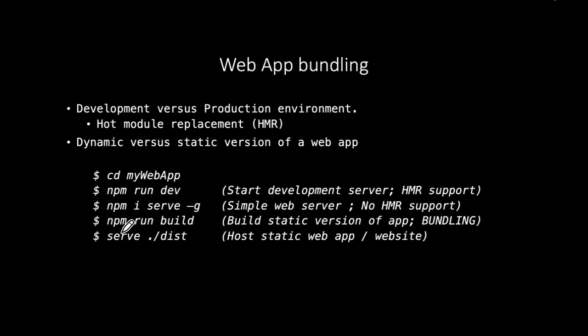then if I start up this is a standard web server now. It doesn't have any HMR support, and I point it at my dist folder. You might remember the dist folder is where, when you're using React and Vite together, they place a static version of your React app in a folder called dist within the current project folder.